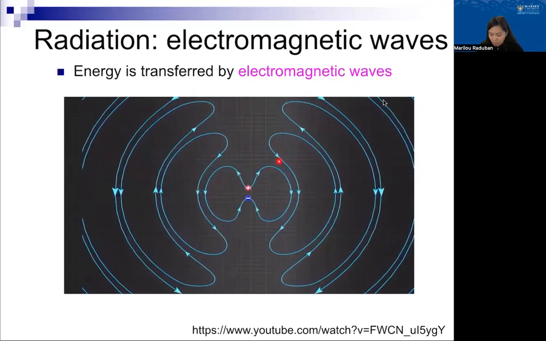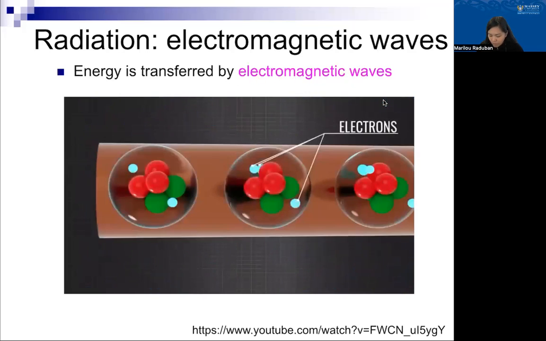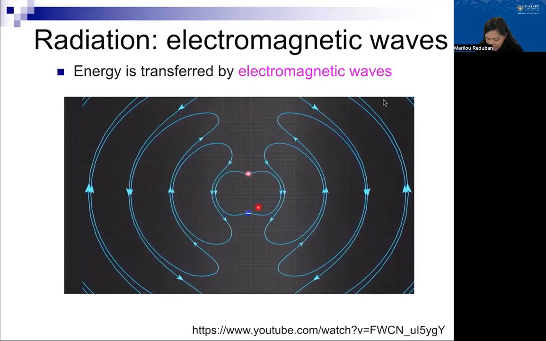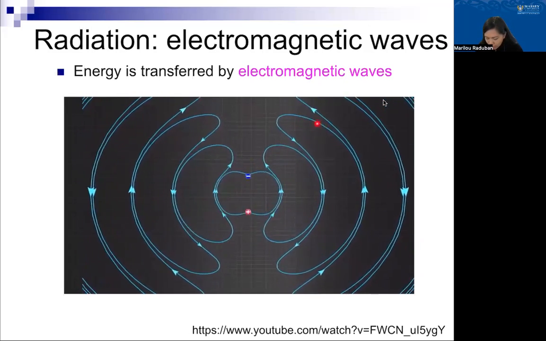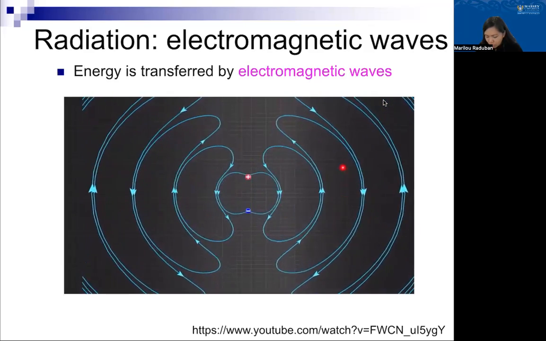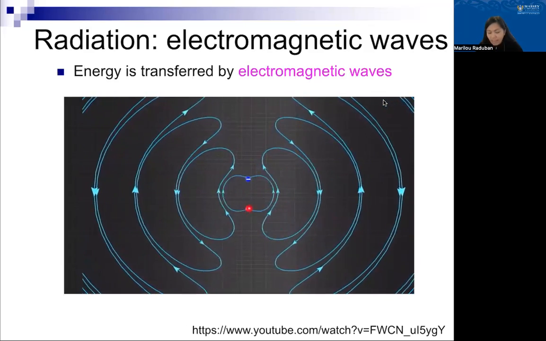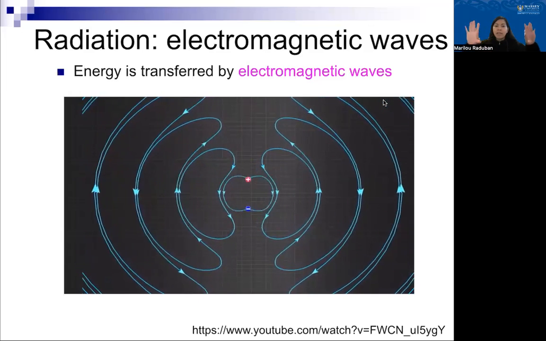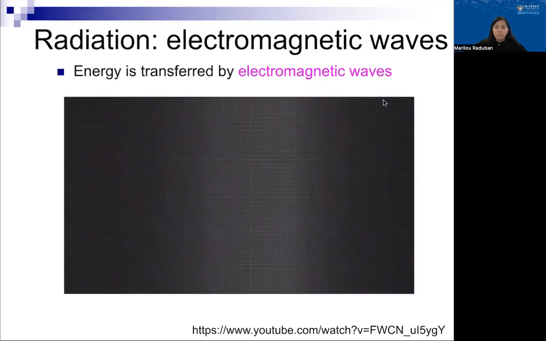So that's the blue lines that are shown here. These are the electrons in the material that vibrate, and as they vibrate, they emit electromagnetic waves, which is this blue line here. And the electromagnetic waves propagate all throughout space.